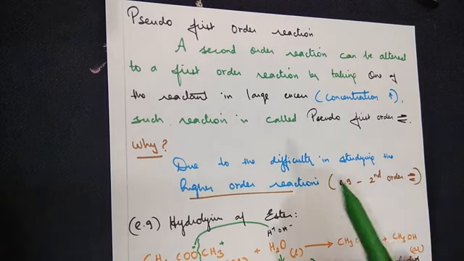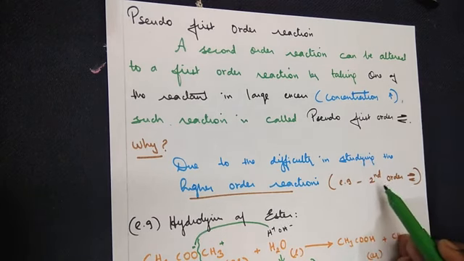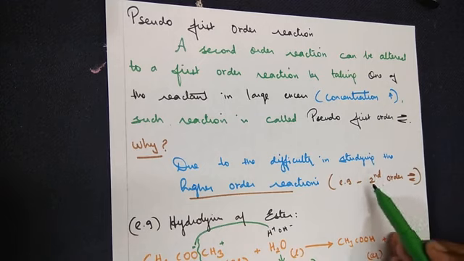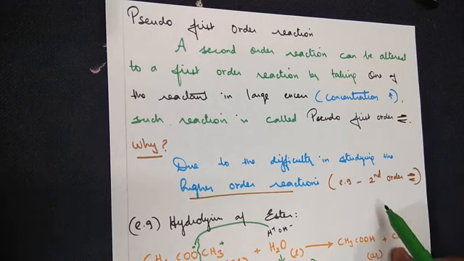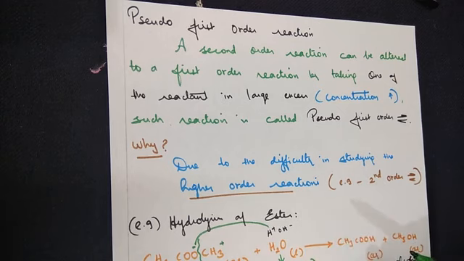We have seen that for a spontaneous reaction, changes in the concentration take place. When two reactants are there, calculating the changes in the concentration should be done for both the reactants simultaneously. It's a tedious job. Sometimes we might be successful in calculating the changes in the concentration, sometimes we may not be successful.